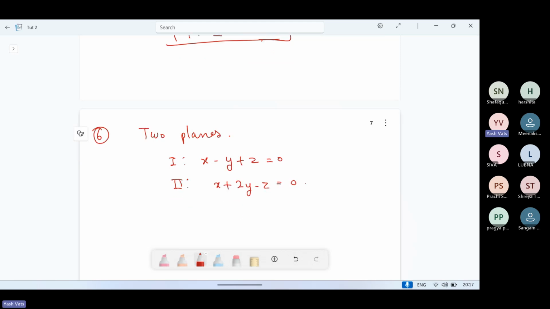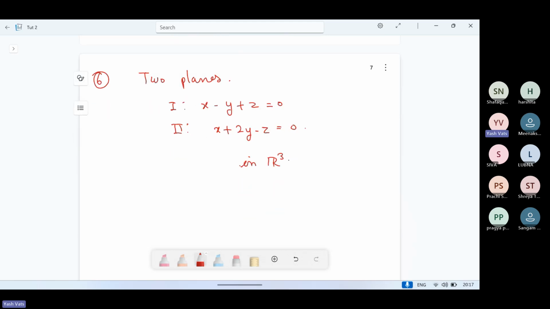Of course, they are in R3. Then you have to tell me: this is given by M and this is given by N. Then R3 can be written as M plus N. Can you check it and tell me, please?